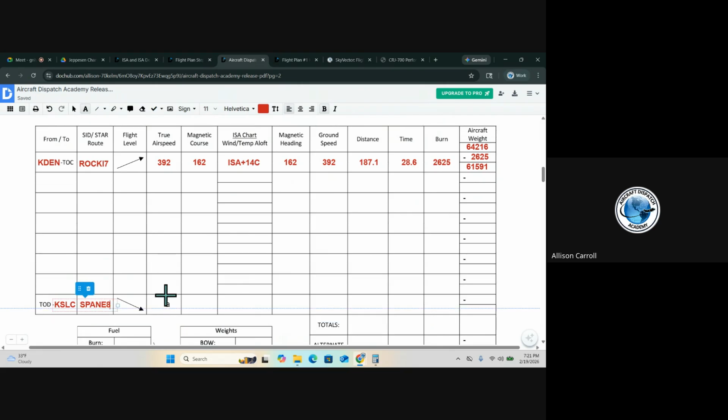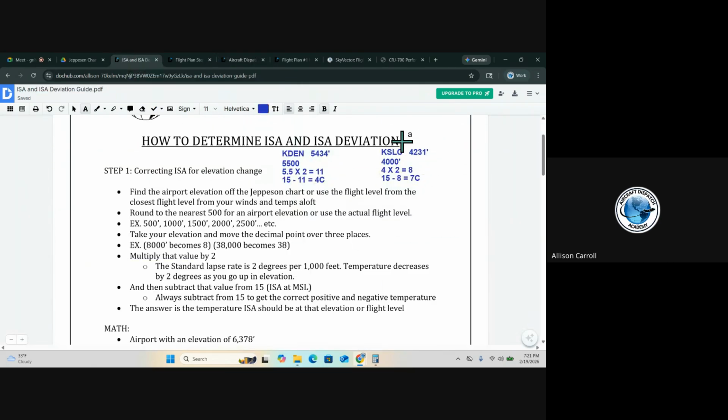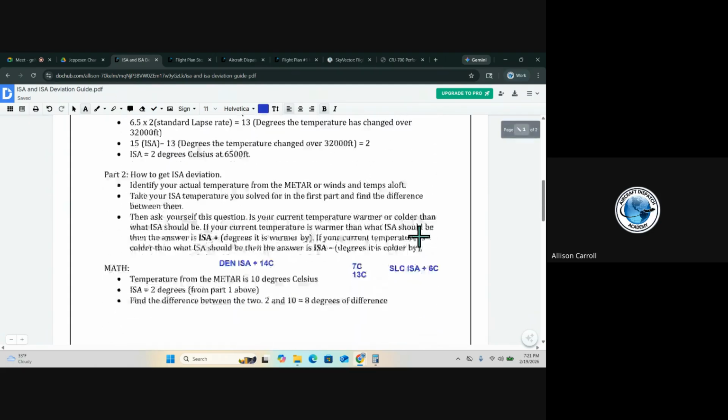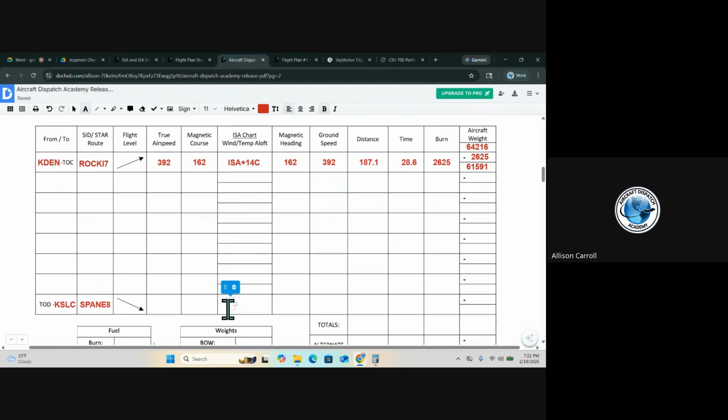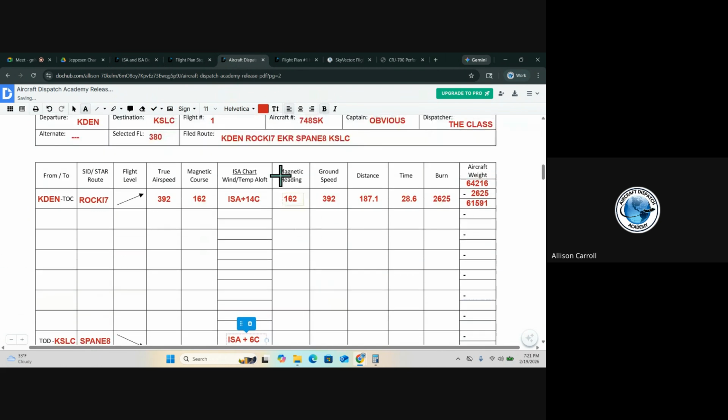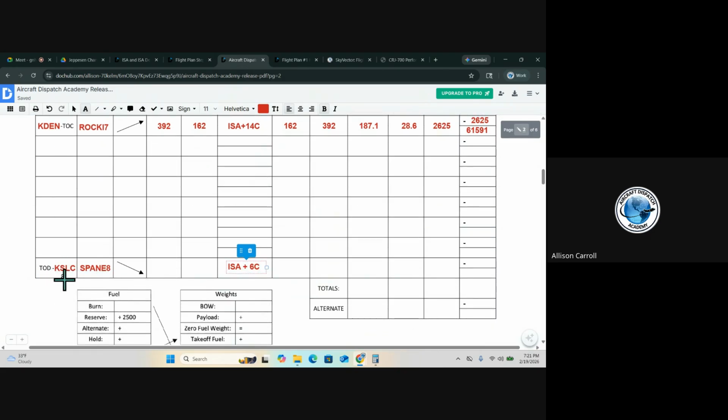We already figured out our ISA deviation for Salt Lake. Our ISA deviation was ISA plus 6 degrees. Now we are going to go to our descent charts.